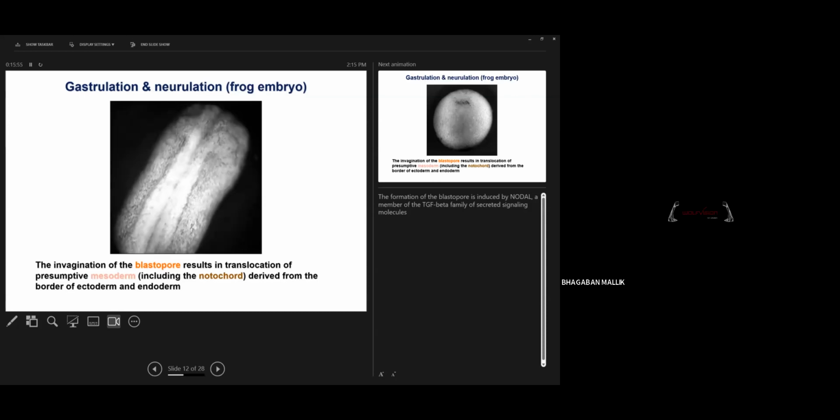The important point to remember is that the invagination happens at the dorsal blastopore lip, and that forms different structures.